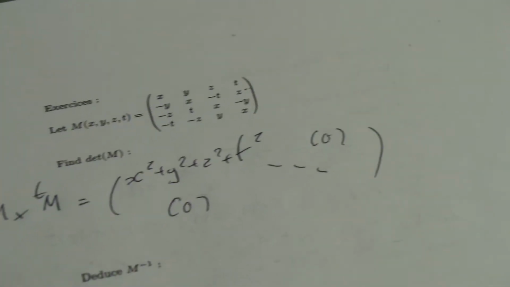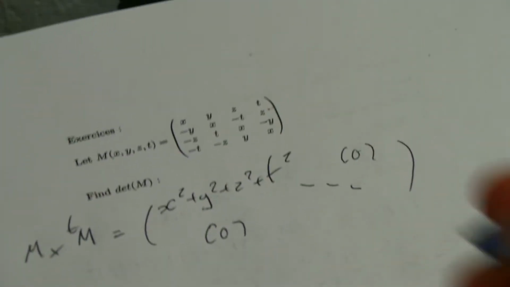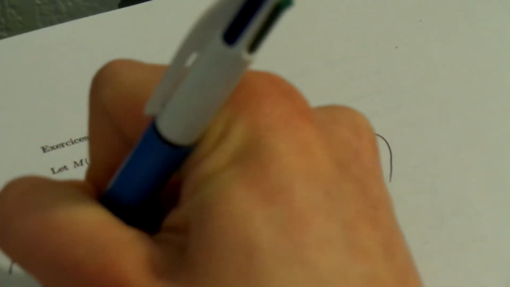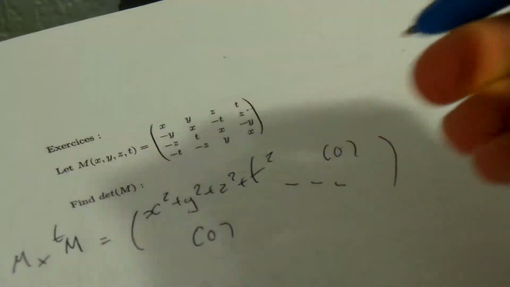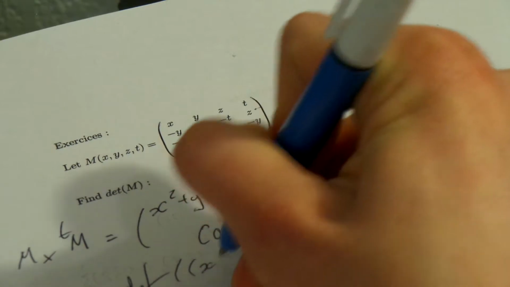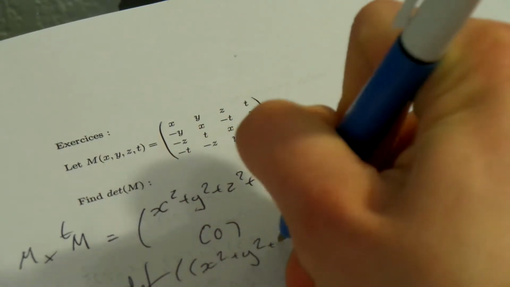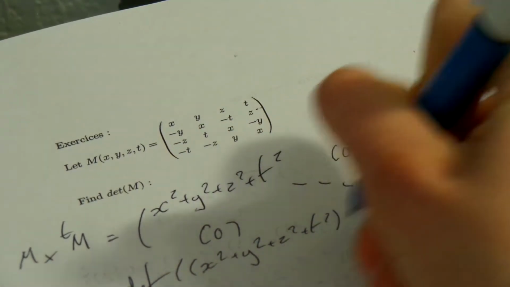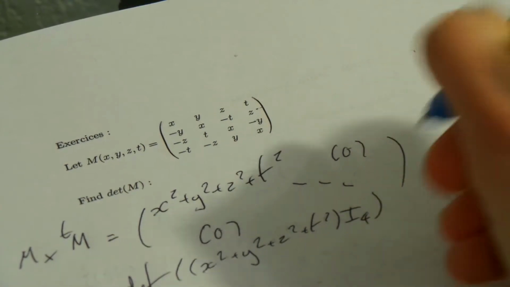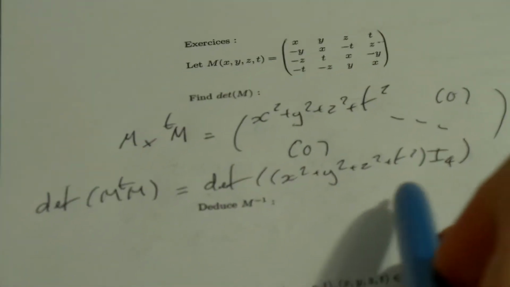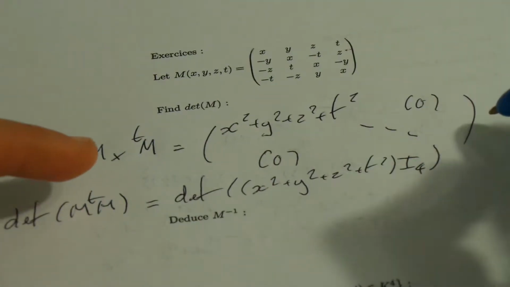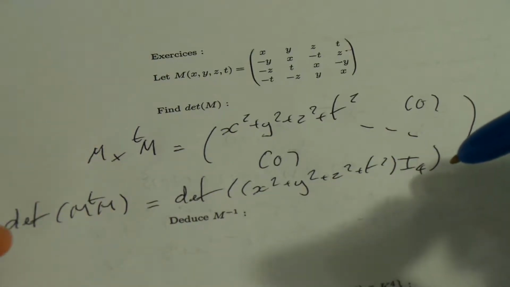Knowing that, you will write down that the determinant of M times the transpose of M is equal to the determinant of x squared plus y squared plus z squared plus t squared times the identity matrix for 4 by 4s. So you've taken this expression and you've passed it on to the determinant.